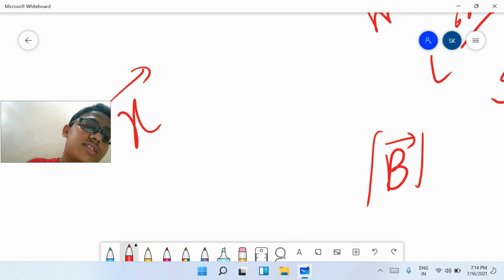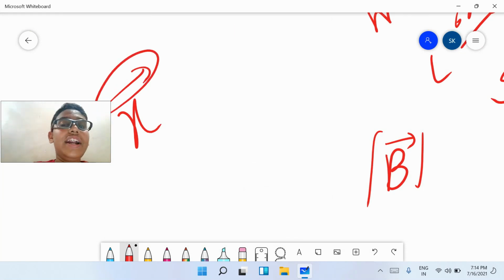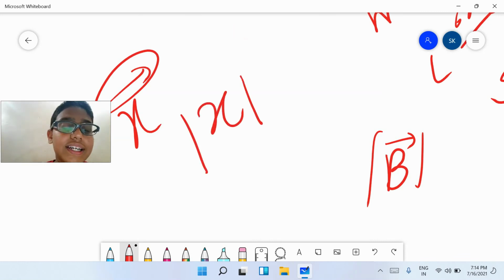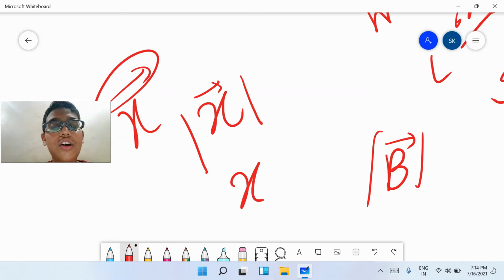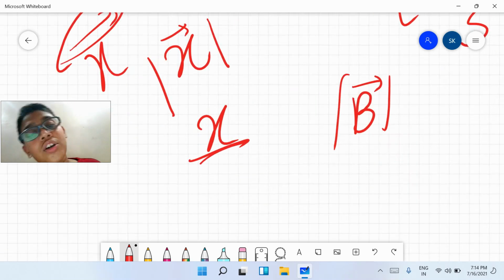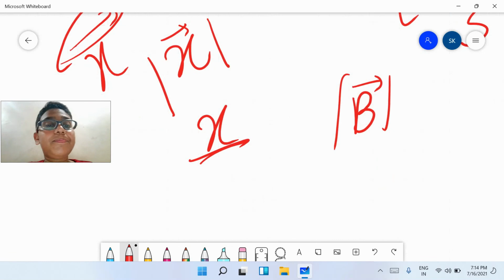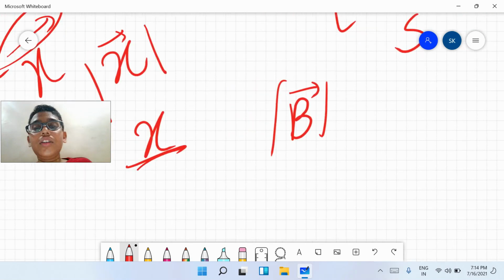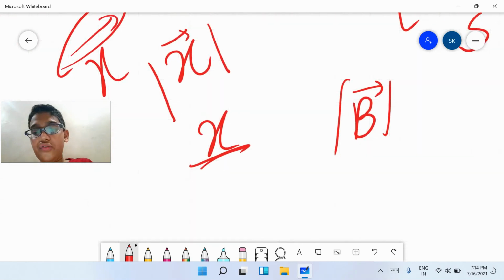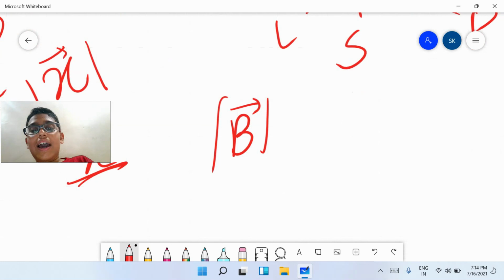So this arrow on top represents that it is a vector. The magnitude of a vector is represented like this, or simply x, or any value it can be. So magnitude, I told you what it is.